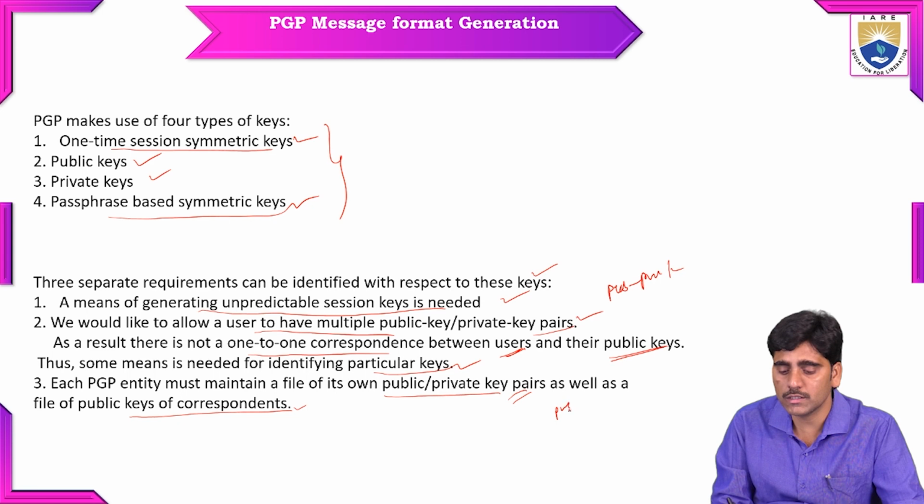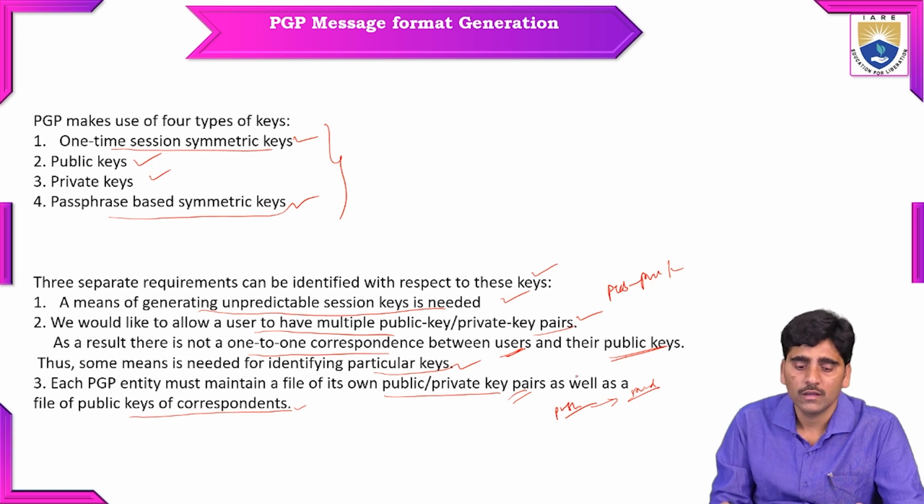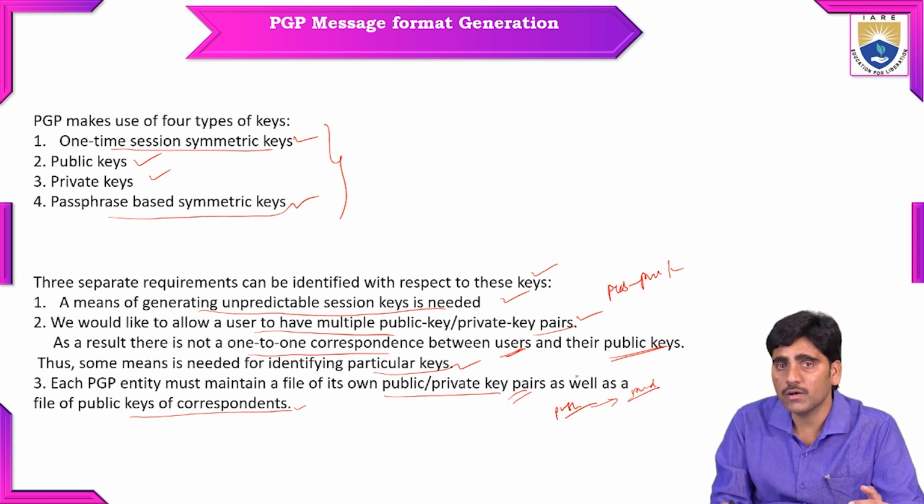For public keys it maintains a separate file, and for private keys a separate file, and the pair of those public and private keys is also maintained in a separate file. Because of these requirements, PGP offers those types of keys: one-time session keys, public keys, private keys, and passphrase-based symmetric keys.